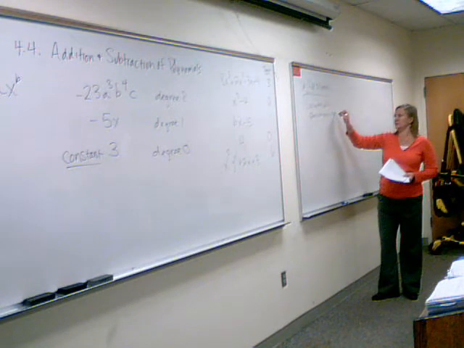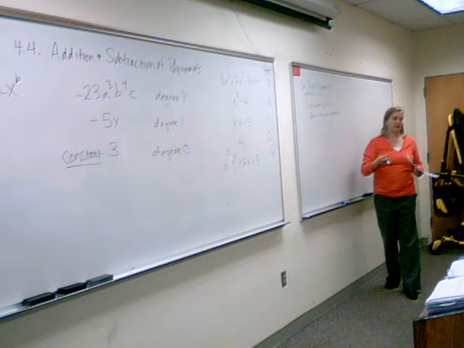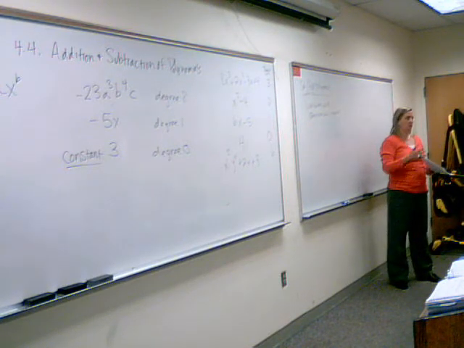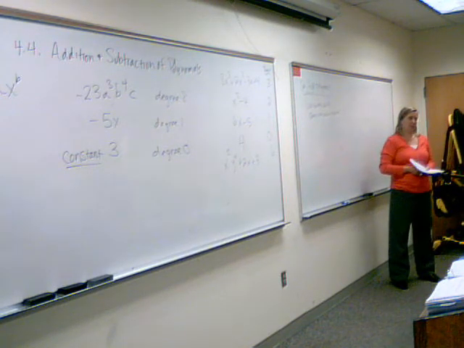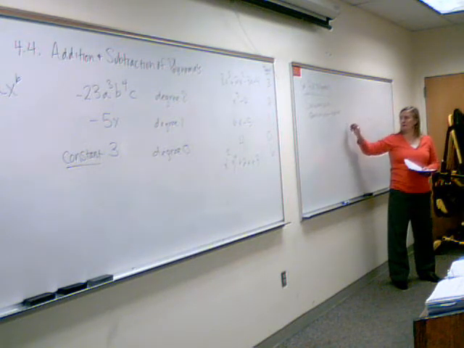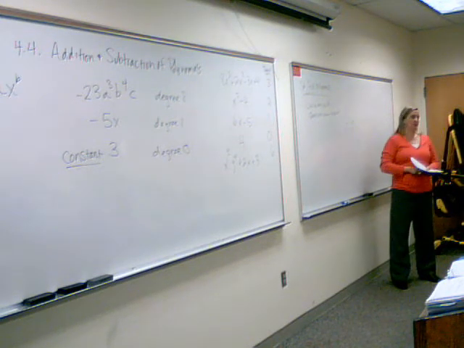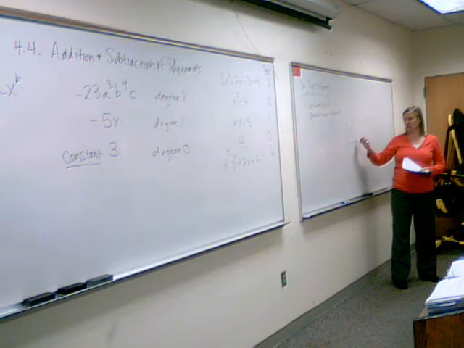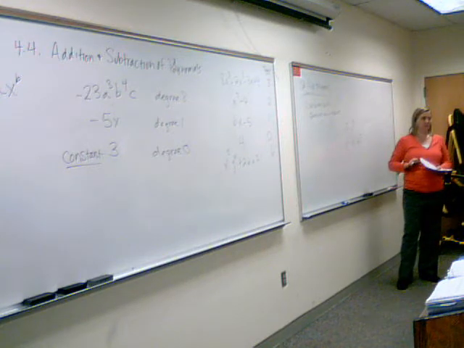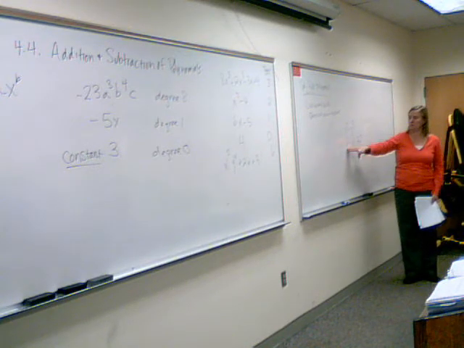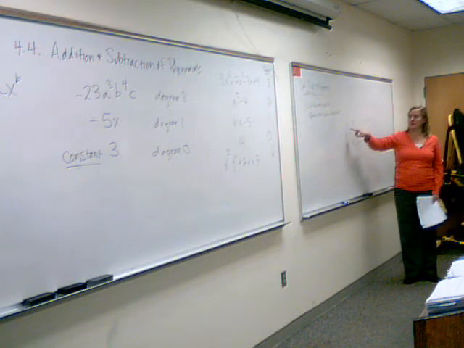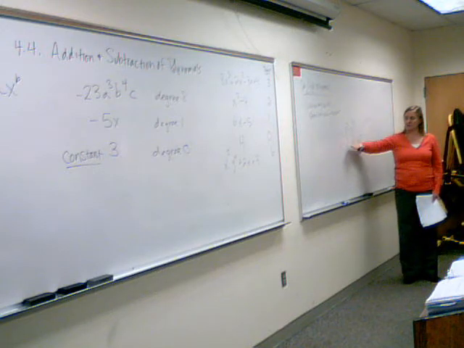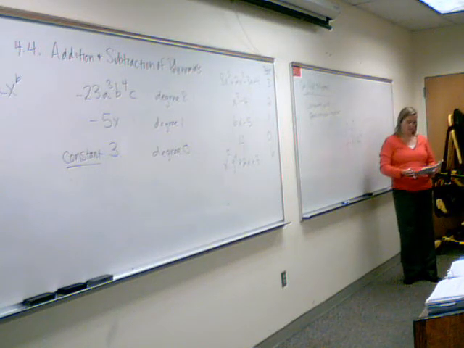We already learned this when we were combining like terms. So it's a like term if it's the same variable, meaning x and x, or y and y, with the same exponent. So I cannot add y squared plus y cubed. Can't do it. But I can add y squared and y squared, because it's the same variable, same exponent.